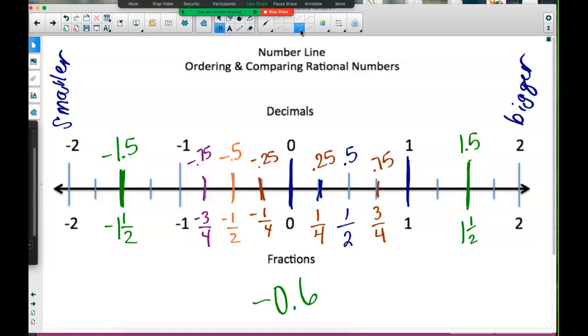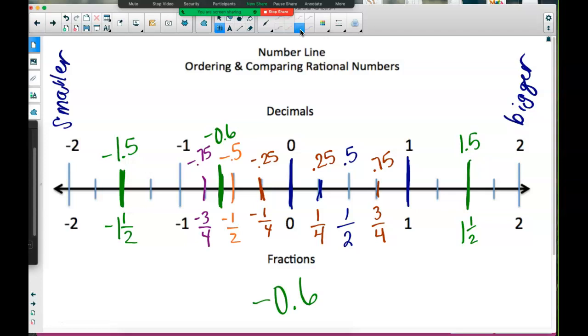Further to the left of what? 1.5. Negative. And actually, because it's 0.6, it's going to be right here. Okay, this is negative 0.6. It's between negative 0.5 and negative 0.75, kind of close to the middle there.